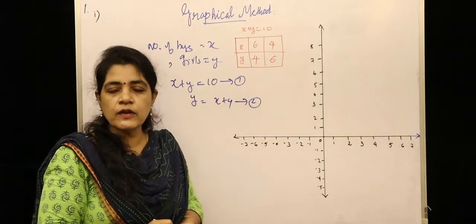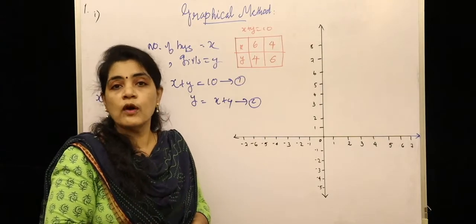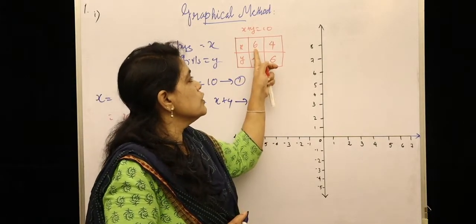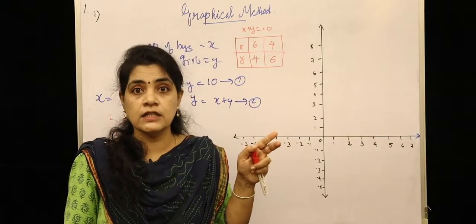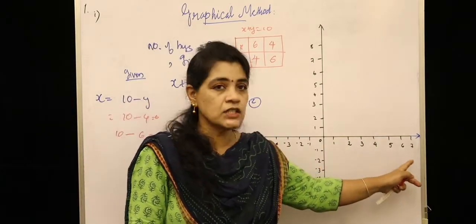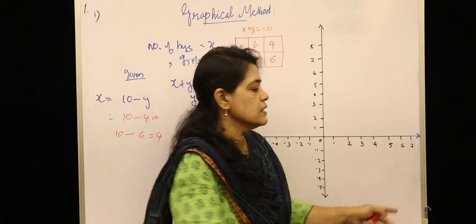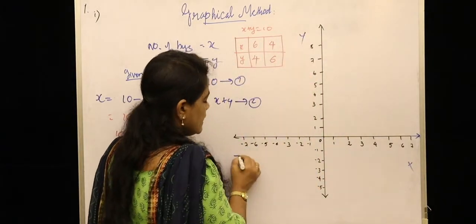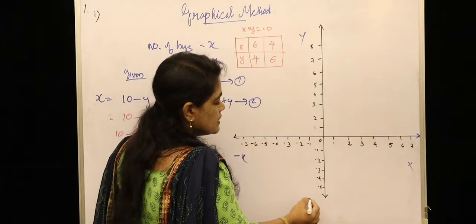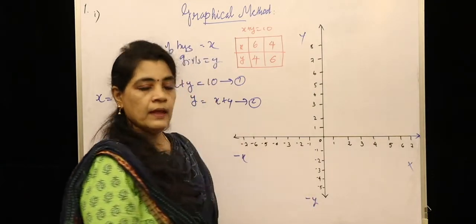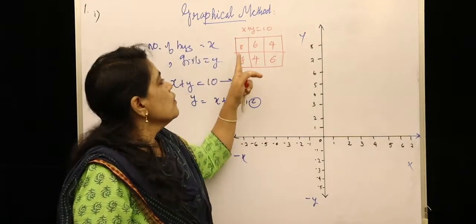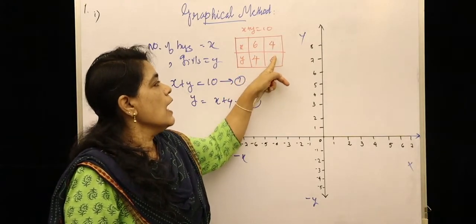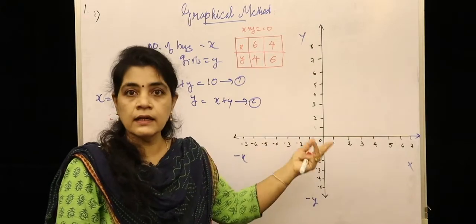The next part is we have to plot the graph for the first equation. For x equal to 6, 6 is a positive number, so you can see it on the positive x-axis. This is the x-axis and this is the y-axis. This is the negative x-axis and this is the negative y-axis. Understood? So for x equal to 6 and y equal to 4, you can see it in this graph.